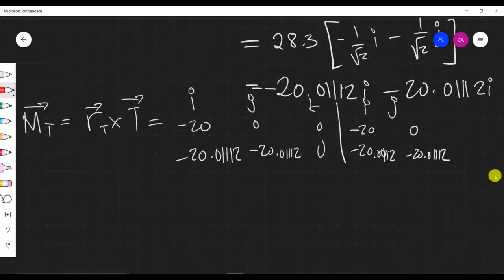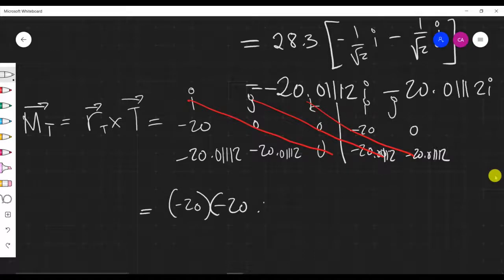So, lumalabas na 0, 0, may value. So, negative 20 times negative 20.01 k. Okay. Then 0, 0, 0. So, negative times negative, positive.